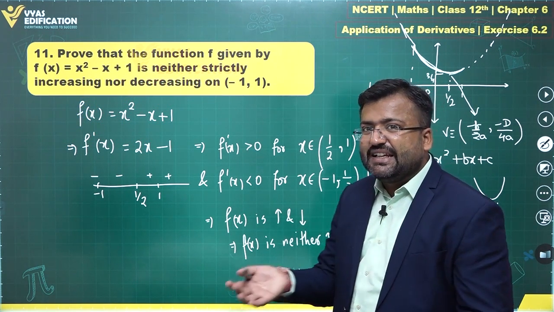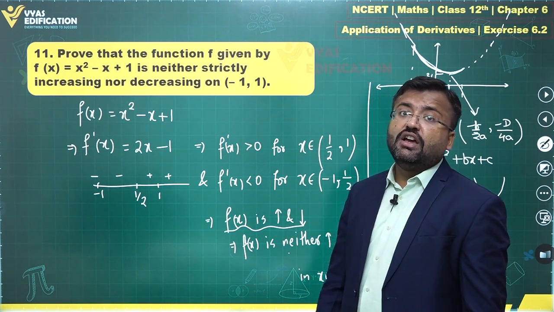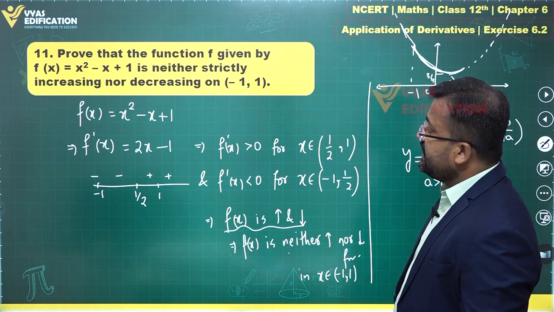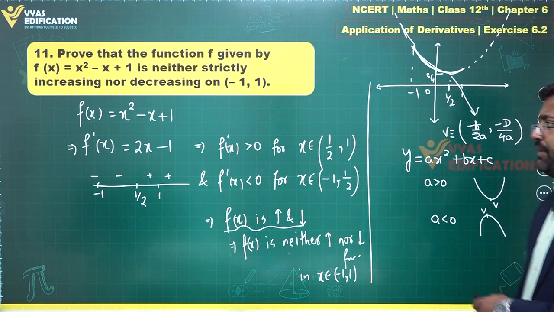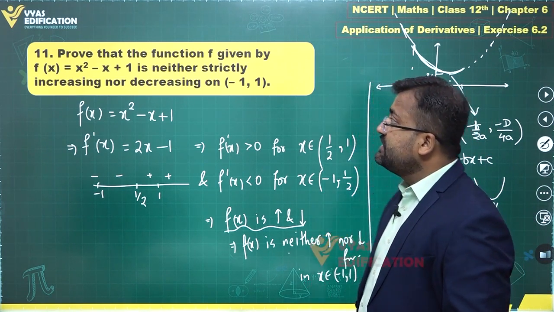Since it is sometimes increasing and sometimes decreasing, therefore it is called a neither increasing nor decreasing function, as you can see behind me over here. That's the complete solution of this question. Let's move on to the next one after this.